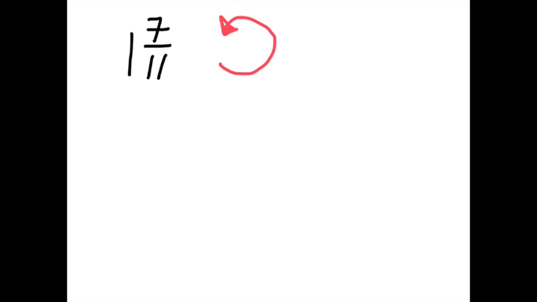And on this arrow are different stops. The first stop is multiplication, and the second stop is addition. So really what we can do is we take our 1 and we multiply by the 11.